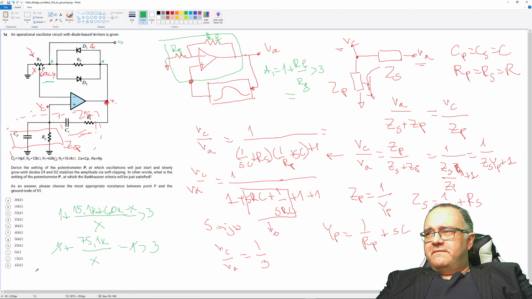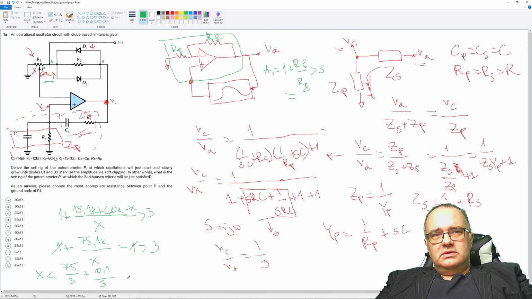So now I have X should be smaller than, I'll split this, 75 divided by 3, plus 0.1 divided by 3.